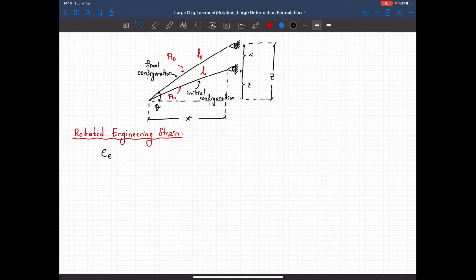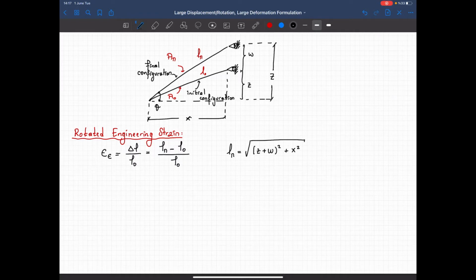Let's call it epsilon e, and that will be equal to delta L, length change, divided by the initial length, and we can say that that's equal to Ln minus L0 divided by L0. And in that case, the final length will be equal to the square root of (Z plus W) squared plus X squared.